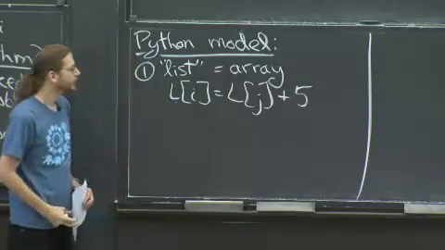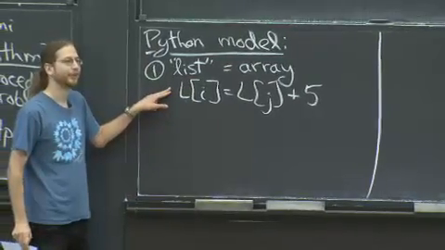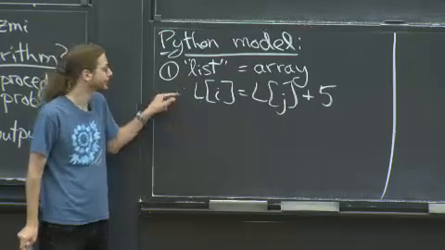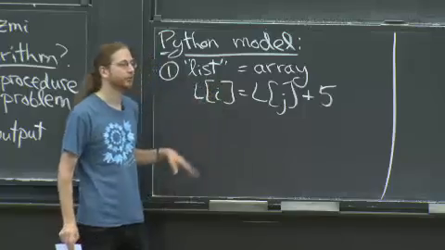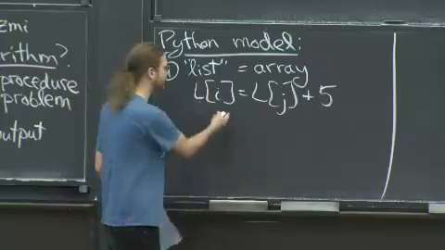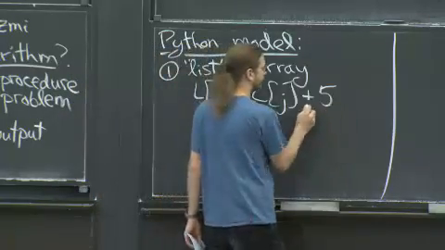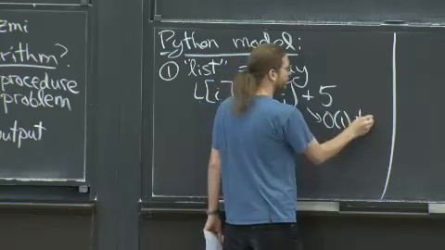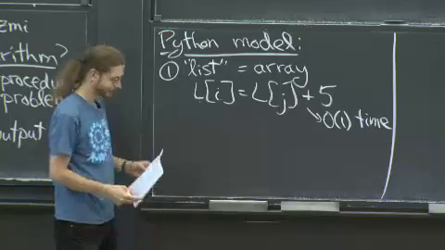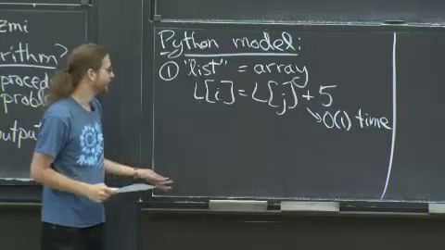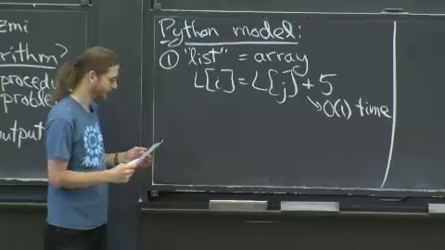L is a list object. This takes constant time. In a linked list, it would take linear time, because you've got to scan to position i, scan to position j, add 5, and store. But conveniently in Python, this takes constant time. And that's important to know. I know the terminology is super confusing, but blame the benevolent dictator for life.